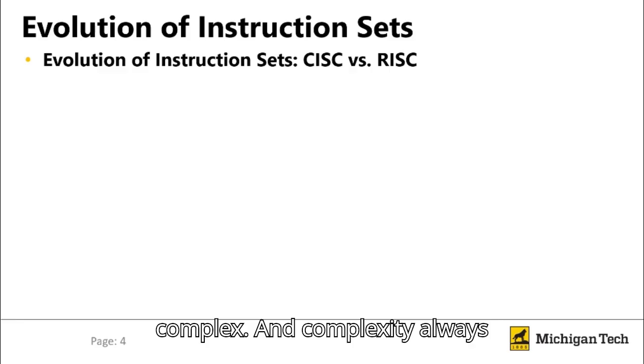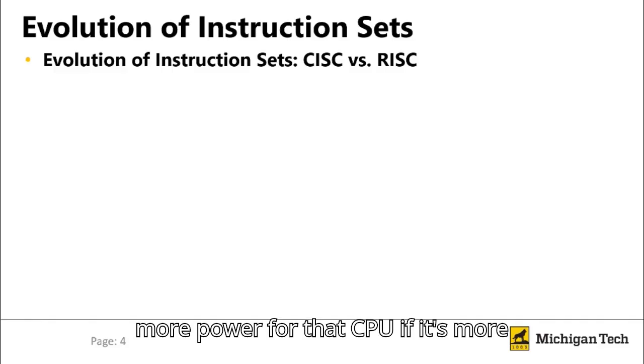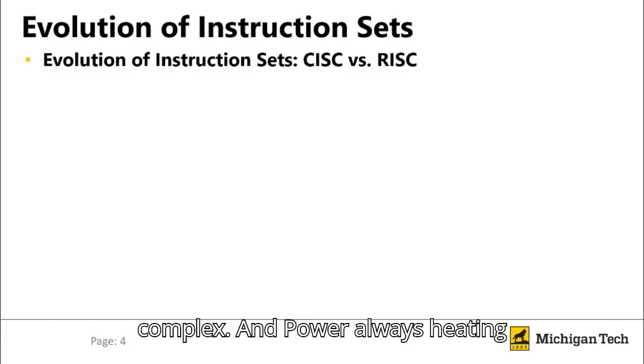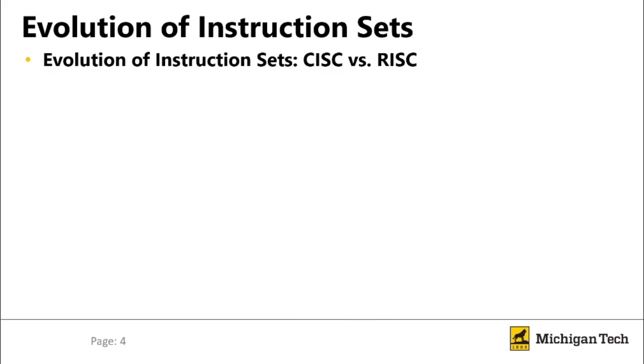And complexity always brings more power. You need more power for that CPU if it's more complex, and power always hits the power wall. If it's more than 100 watts, it's not good for the CPU, and it's hard to cool down.